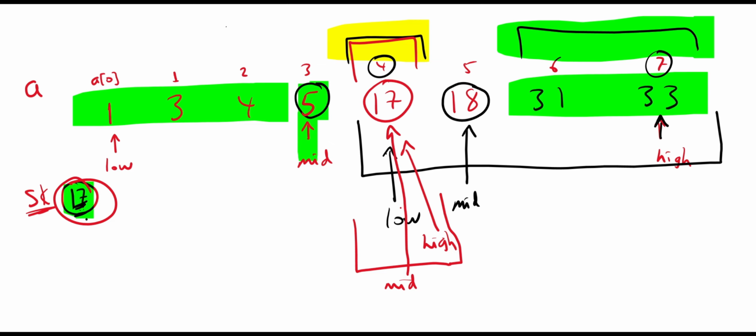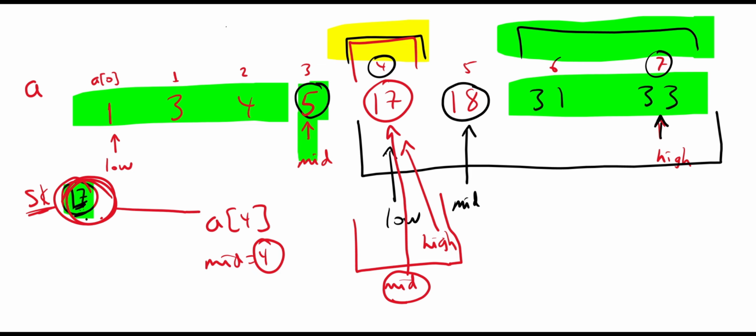When we found that it is yes, then we can say that the number we are looking for is in this list, and it is found on the midpoint. Mid is equal to 4, and this number 17 is on index 4, which means it is found on A4. This is what we found.